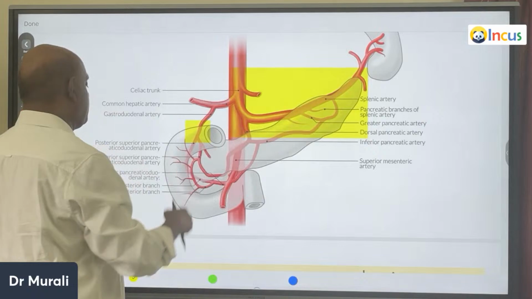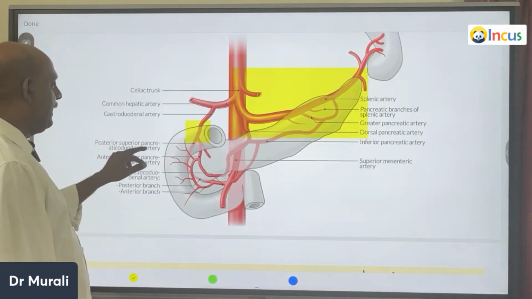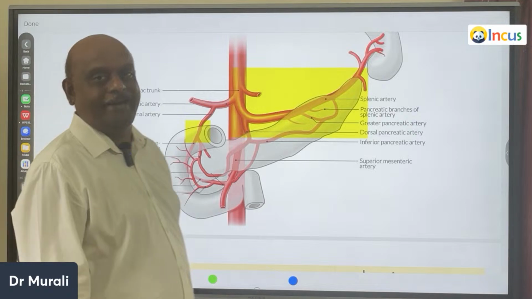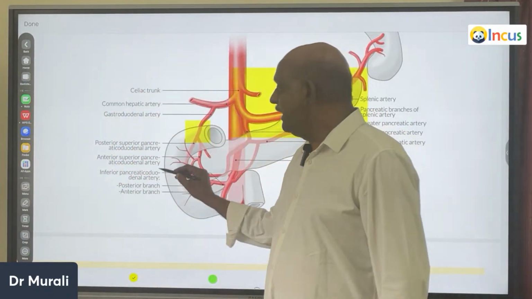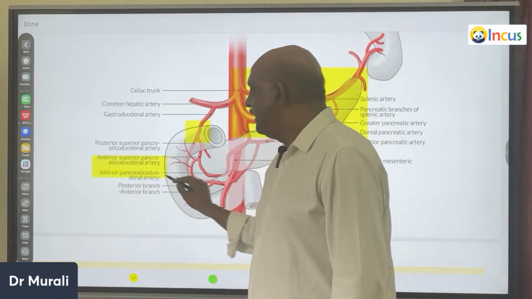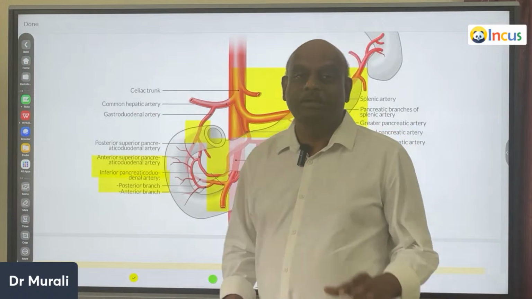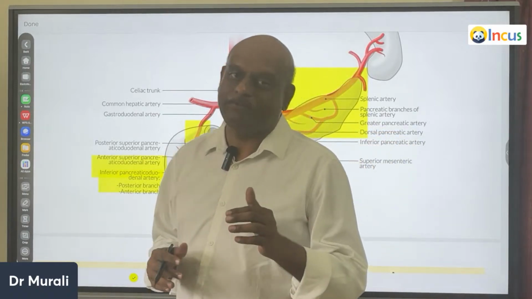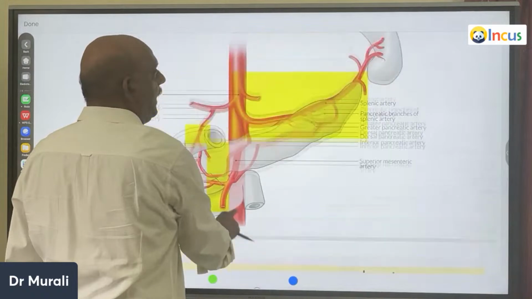So these are the various structures which you need to remember. Similarly, the anterior superior pancreaticoduodenal artery, and the inferior pancreaticoduodenal artery. The various parts in the blood supply of the pancreas are one of the favorite areas of the examiners.